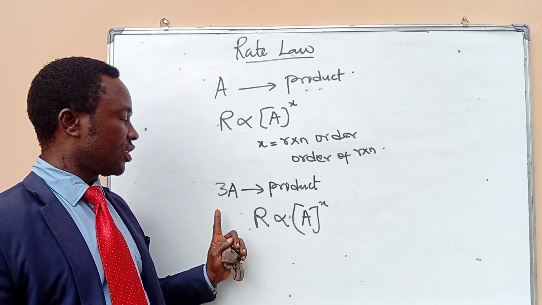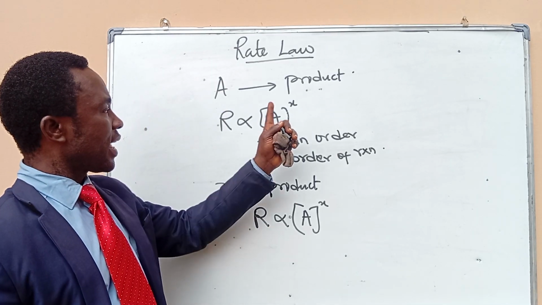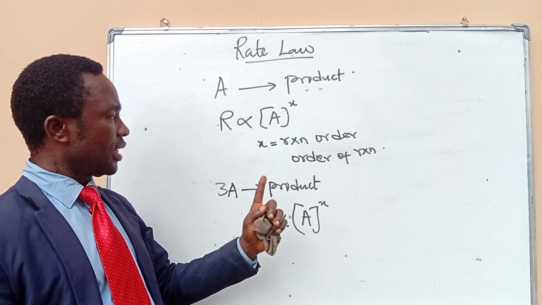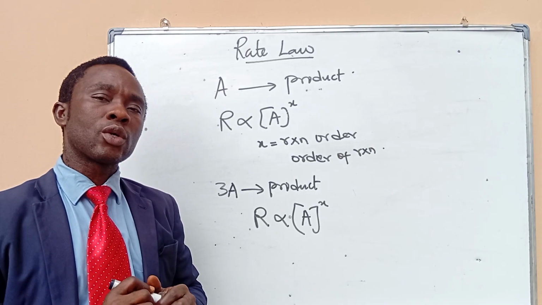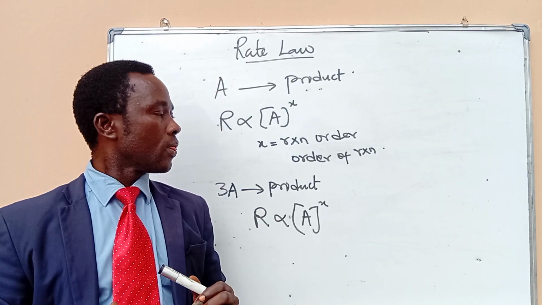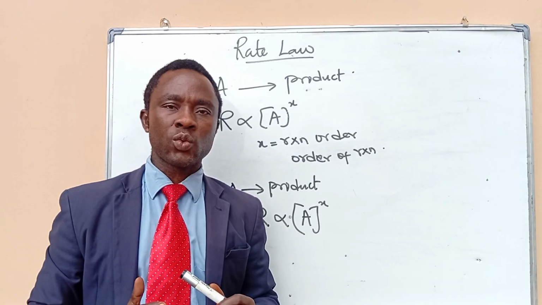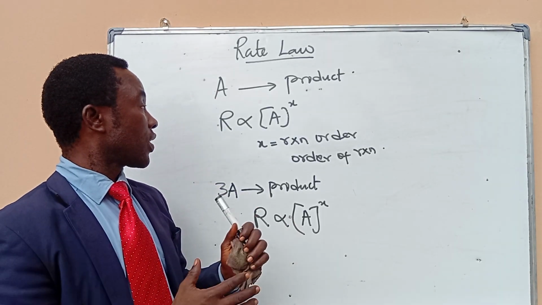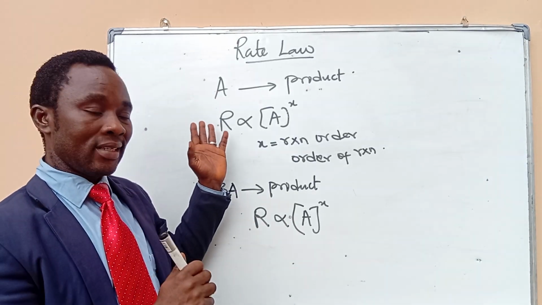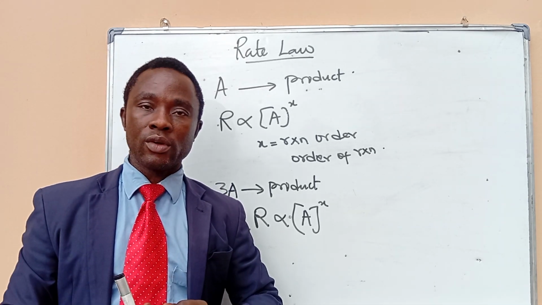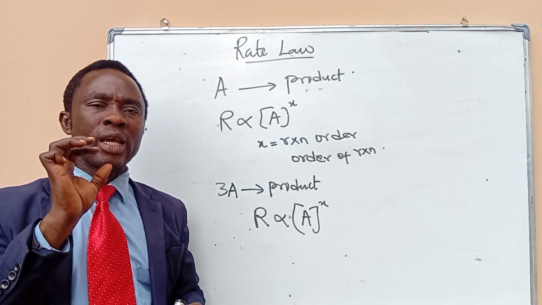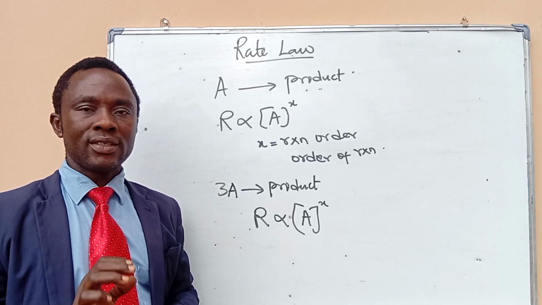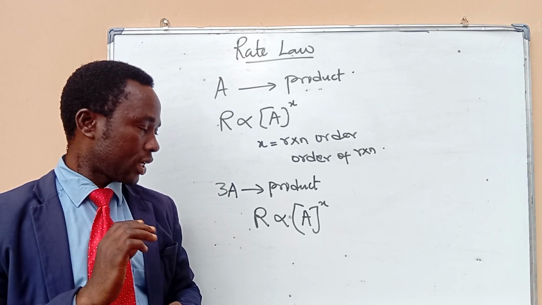The x here is not equal to 3, and the x here is not equal to 1, meaning that the order of reaction is not the same as the stoichiometric coefficient. However, there are some instances where the order of reaction is the same as the stoichiometric coefficient of the reactant, that is, if the reaction is a one-step reaction, an elementary reaction.